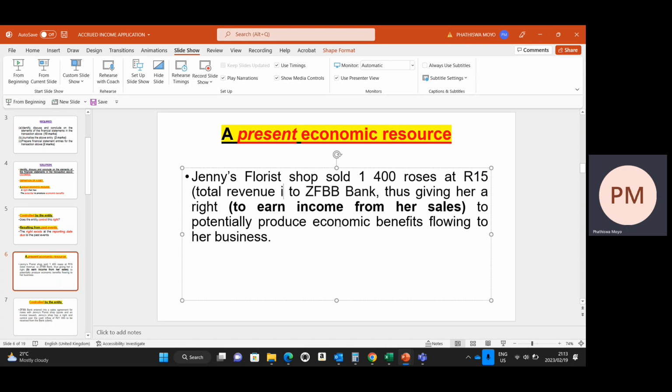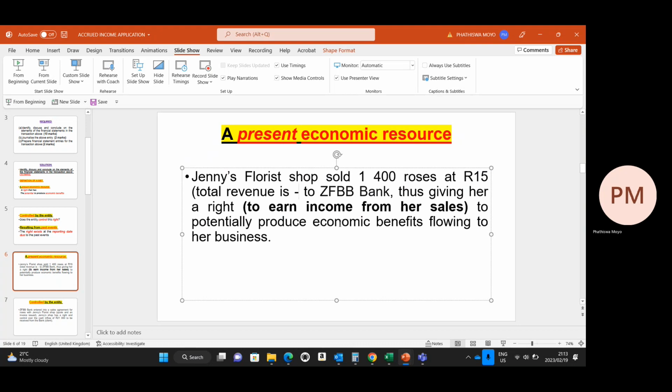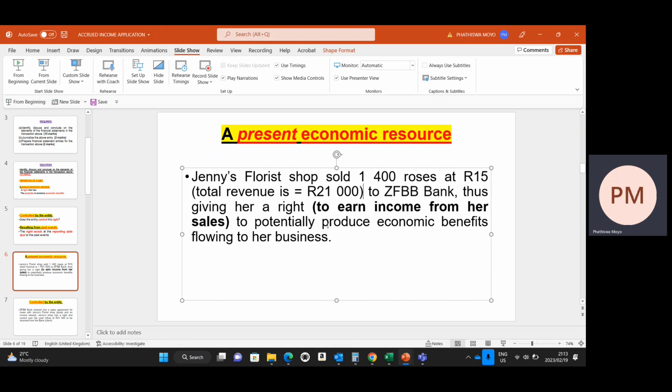Total revenue is equal to 21,000. Okay, so Jenny's florist shop sold 1,400 roses at 15 Rand, total revenue being 21,000, to ZFBB Bank.